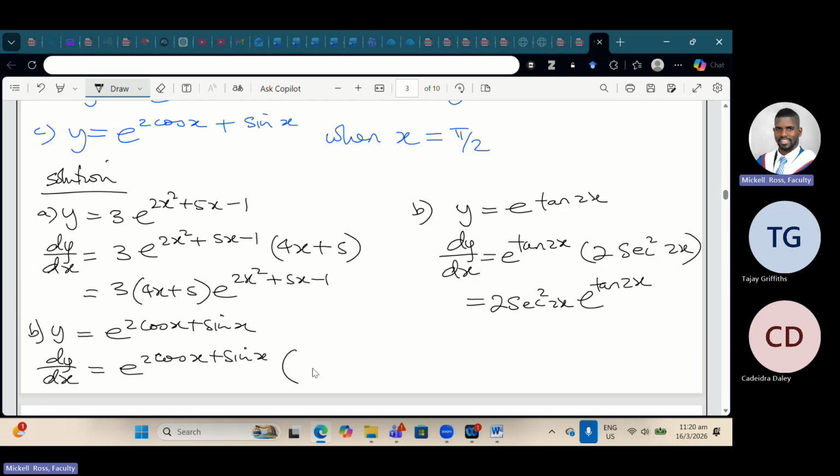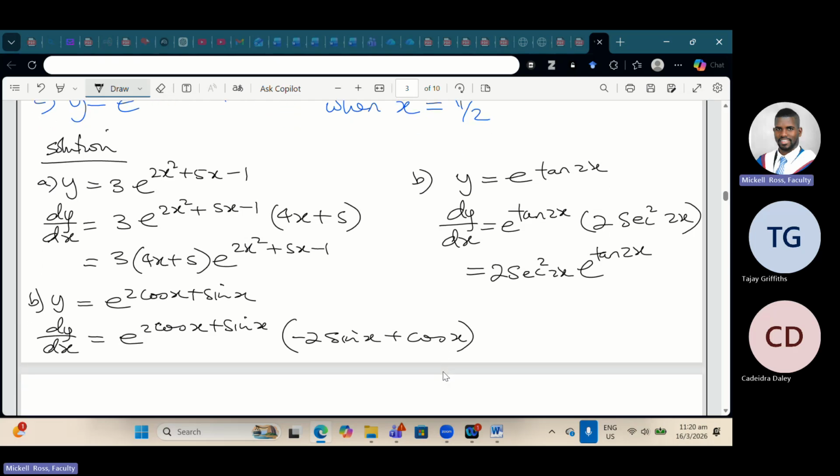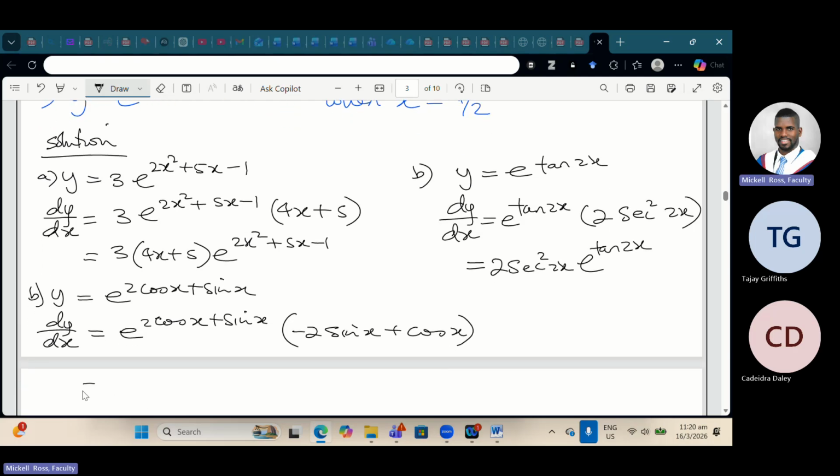Differentiate cos, you get negative sine, so it's going to be negative 2 sine x. Differentiate sine, you get cos x. So your final answer is going to be negative 2 sine x plus cos x times e to the 2 cos x plus sine x.